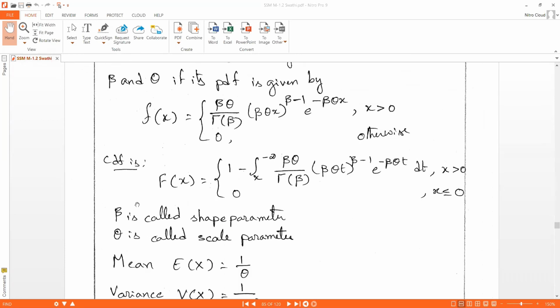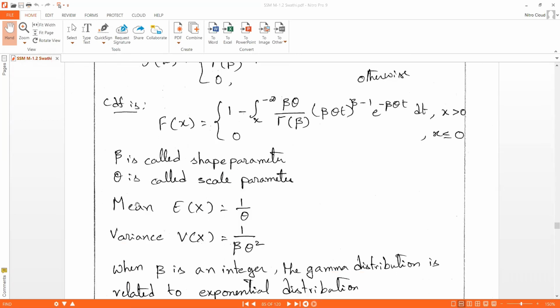And here the CDF for the gamma distribution is F of x is equal to 1 minus the integral from x to infinity of beta theta divided by tau of beta, into beta theta t power beta minus 1, e power minus beta theta t dt, for x greater than 0.